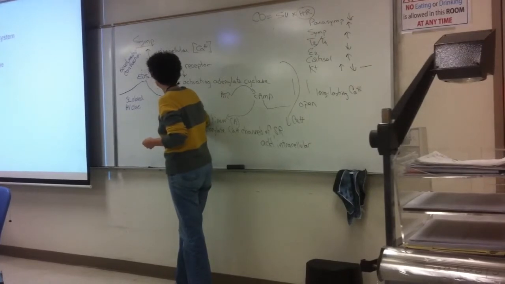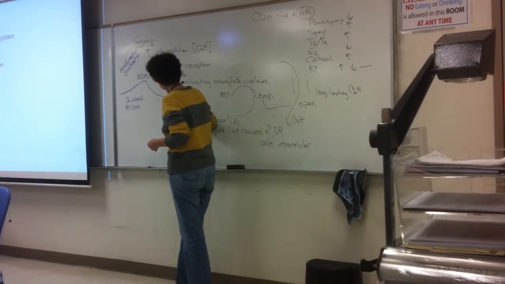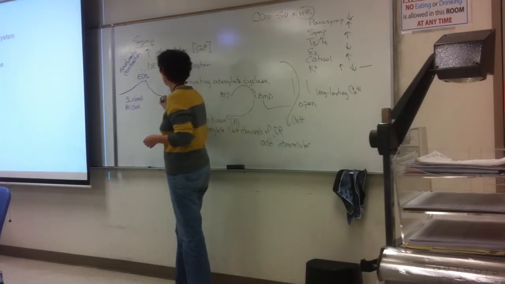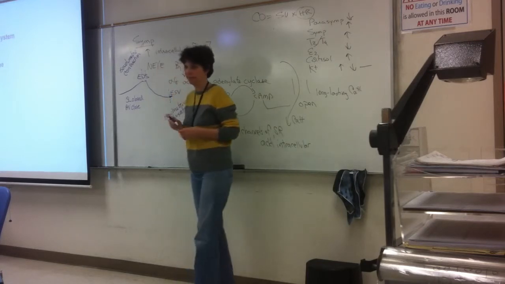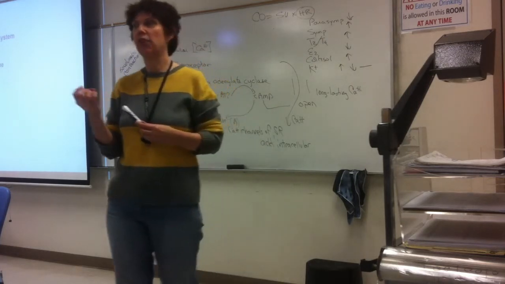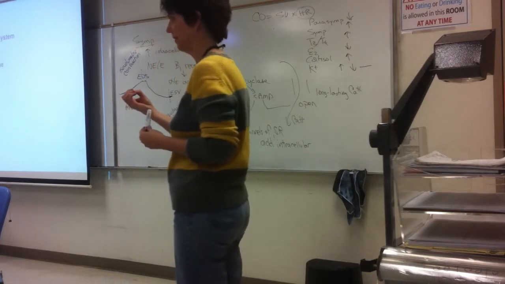So this is the beginning of isovolumetric relaxation, the end of contraction, and this volume is known as end systolic volume. And that's the lowest volume in the heart. Okay?